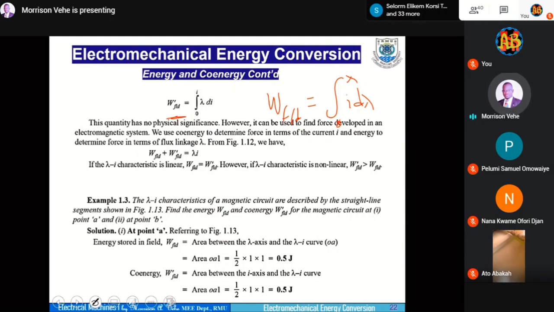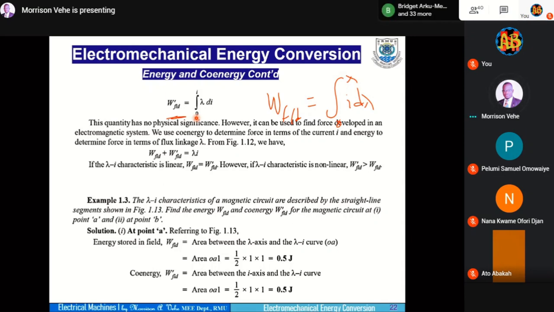So this quantity has no physical importance. So why are we even bothered about it? It has no significance. However, it can be used to find force.